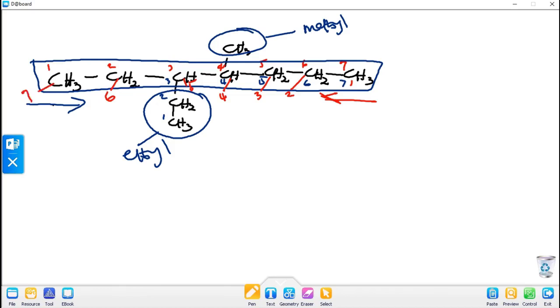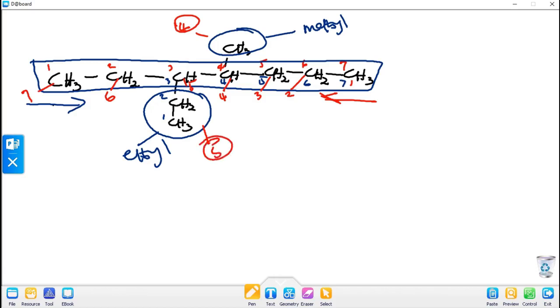That is, if we choose to come from the right hand side. Now, coming from the right hand side, it means that methyl still remains at position 4. But ethyl would be at position 5.